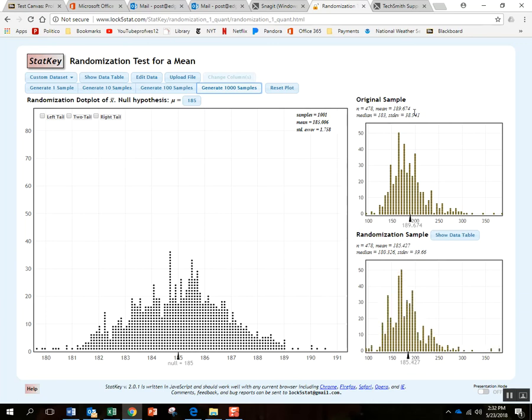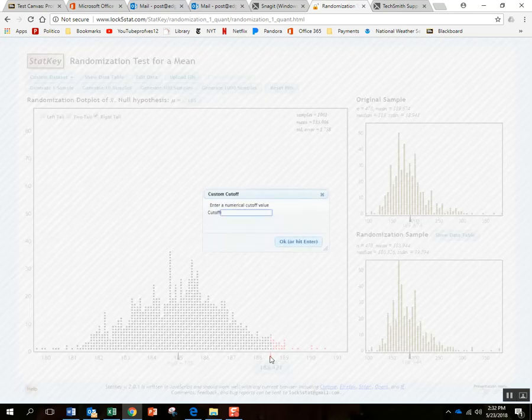And I want to know how often we got a number in these samples as high as 189.674. Notice that it happens sometimes. Here's a 190. But how often? So to find out exactly how often, we look at the right tail, and we change this on the x-axis to our actual original sample mean, 189.674.